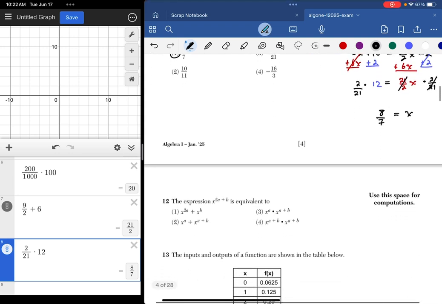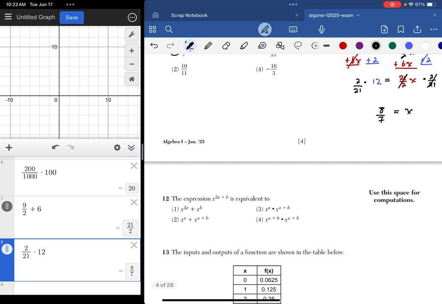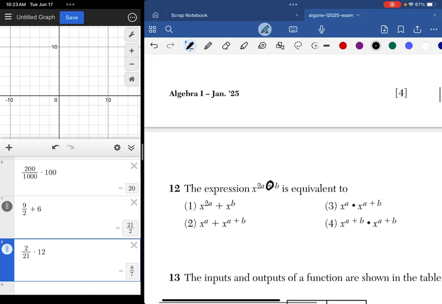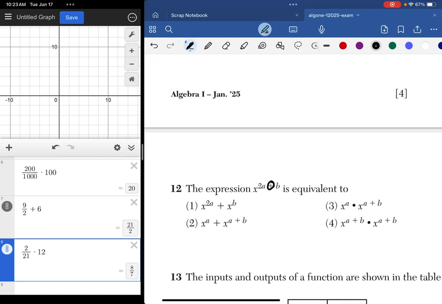All right, properties, so algebraic properties involving exponents. Number 12, the expression x to the 2a plus b is equivalent to what? So if you have addition within an exponent, this is keep the base, add the exponents, but in reverse, right? So what I would do is break this up. And actually, let me write the rule.